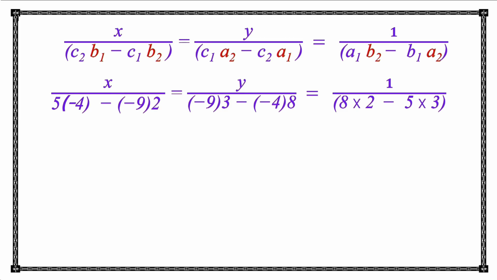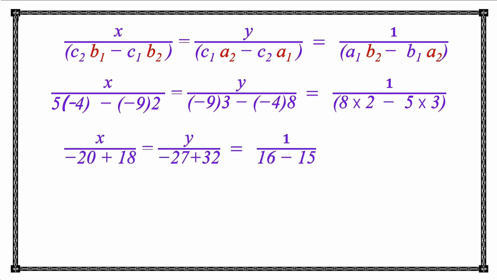On simplification, we get x over 5 into minus 4 minus minus 9 into 2 is equal to y over minus 9 into 3 minus of minus 4 into 8, that is equal to 1 over 8 into 2 minus 5 into 3. That is x over minus 20 plus 18, y over minus 27 plus 32, 1 over 16 minus 15, that is x over minus 2 is equal to y over 5 is equal to 1.